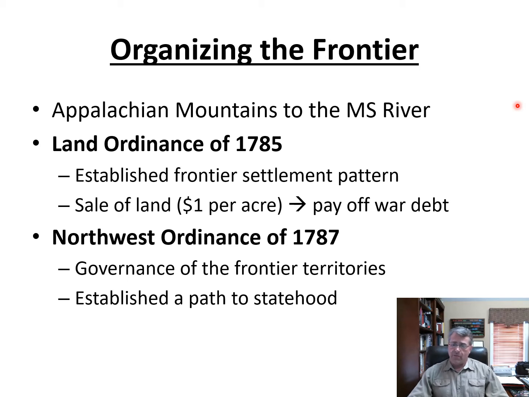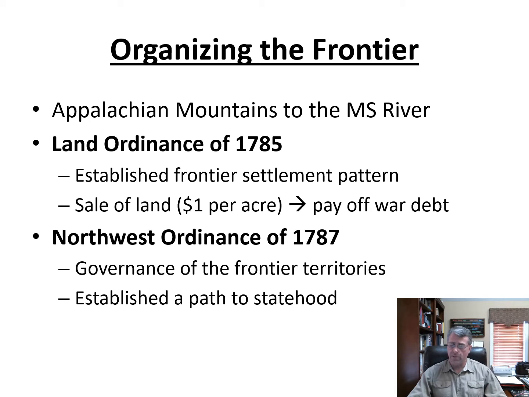It seems like kind of a small task, but when you really start to look at it, this is really an important task, because it's going to set a pattern for frontier settlement and the creation of new states for the next 100 years. So what they do here in these land ordinances is really going to help establish a long-term impact on the future of the United States.